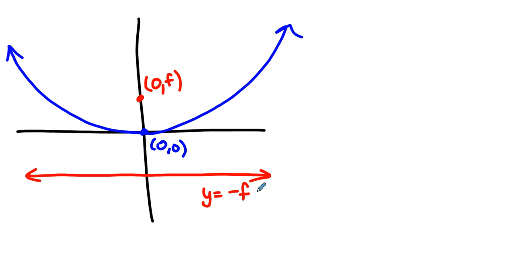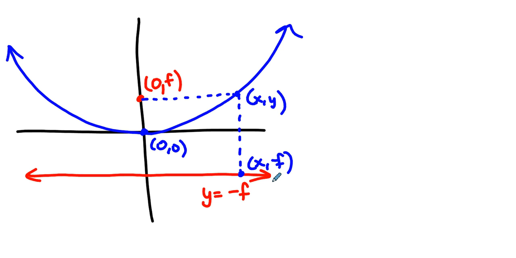y equals negative f. So let's look at this generic point x, y that happens to lie on the parabola. This point is just as far from 0, f as it is from y equals negative f. So it's going to intersect y equals negative f at x, negative f.